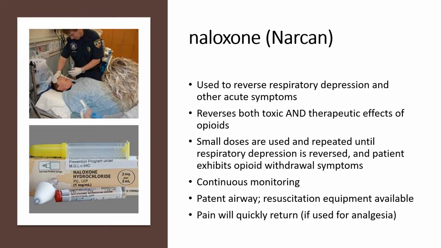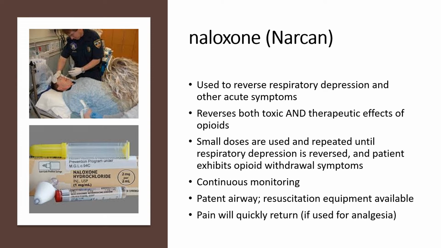And sometimes we'll use small doses, but frequently, until we see that they're starting to breathe again and that their blood pressure is coming up. But in particular, the improvement in the respiratory status. Okay? Because without improvement in the airway and respiratory status, they will need to be intubated.